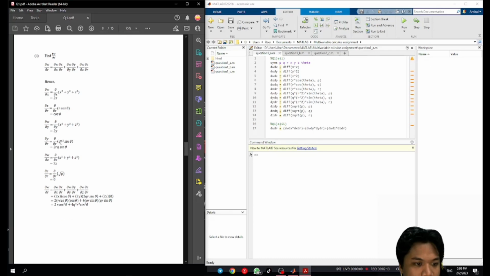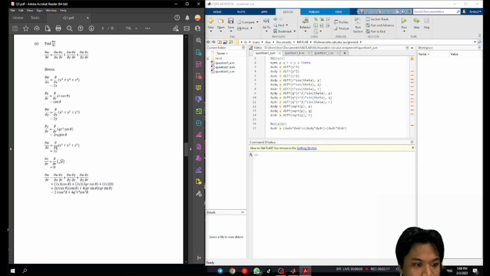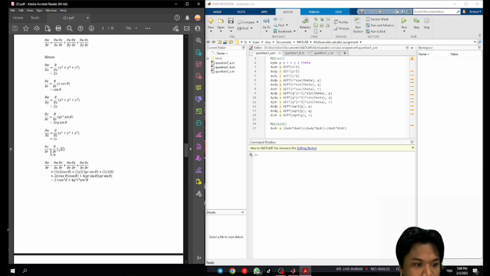Differentiate r, you'll get 2rq sin theta. And this one will differentiate z, 2z. Since this one has no r, then 0. So here is the calculation for dw over dr.